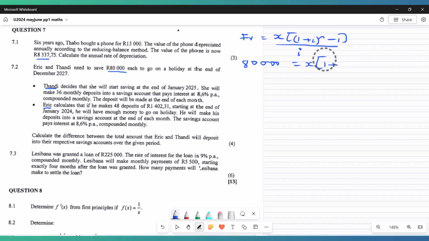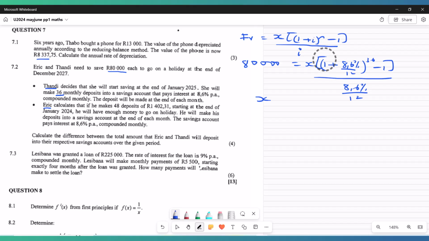The rate was given to us as 8.6%, divided by 12 because we are compounding monthly. They said she makes 36 deposits, so it's going to be power 36 here, and then minus 1, then divided by still 8.6% divided by 12. So I can get my X from here by saying 80,000 times the denominator, then divided by the numerator. It gives me my X.